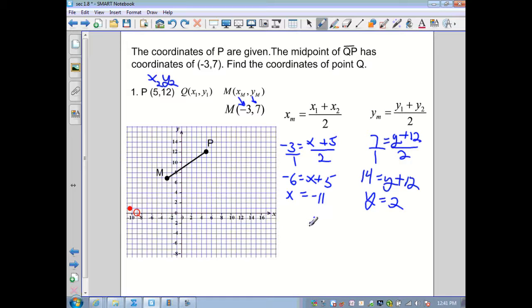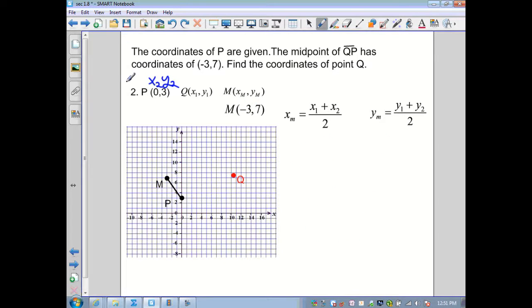So the ordered pair Q has its coordinate being negative 11, comma, 2. Now I can just move my point Q to the position negative 11, positive 2. And that will complete my segment QP, and I know that QM is congruent to MP.